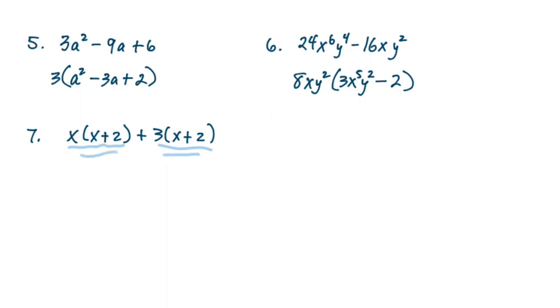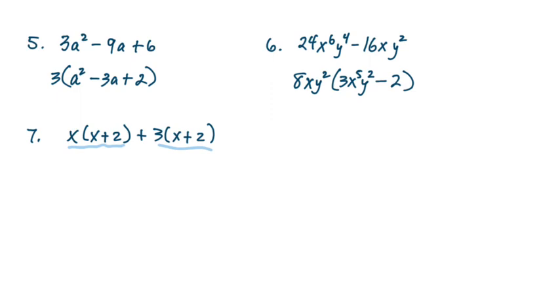We have this product and this product there. And the common factor is x plus 2. Notice for the first term, you have x plus 2 times x. And in the second term, you have x plus 2 times 3. So we're treating x plus 2 basically like a single number.